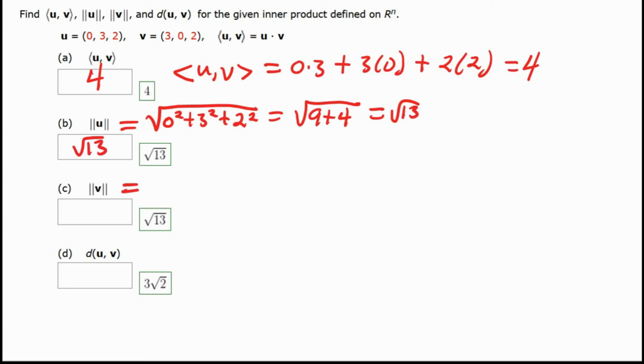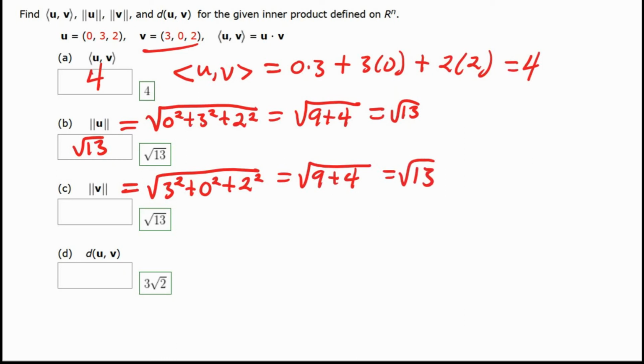The norm of v, looking here, is the square root of 3 squared plus 0 squared plus 2 squared. So we get the square root of 9 plus 4 again, and that's the square root of 13.